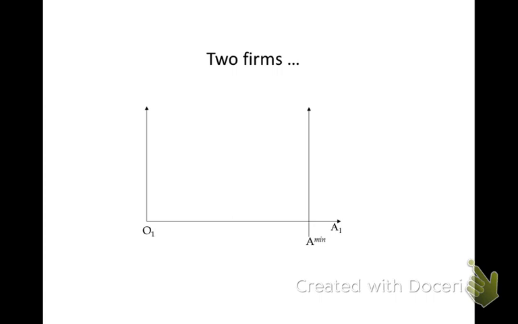And if this firm abates A min, what is the abatement level of the other one? Of course, if one firm gets the target, what is the abatement of the other firm? Is 0. Is it okay?